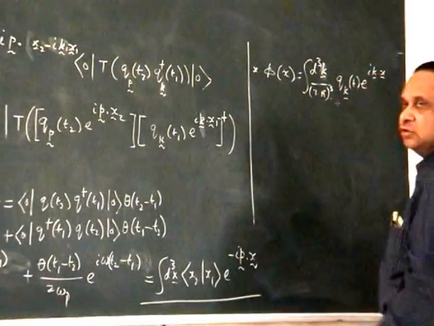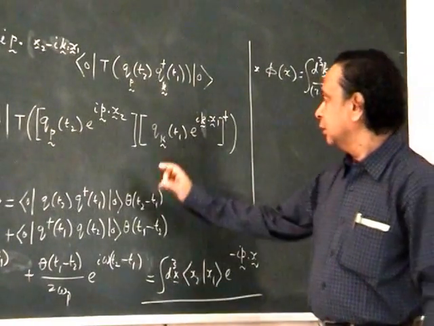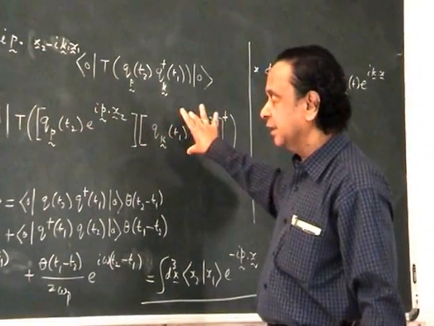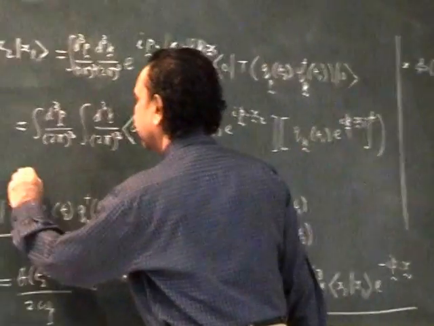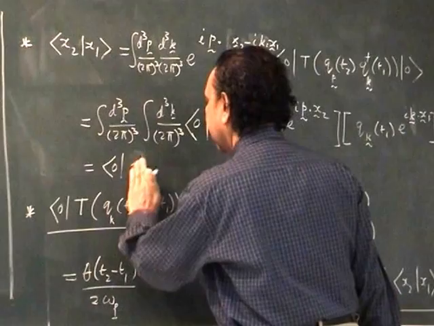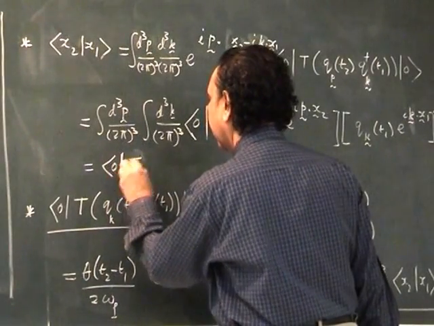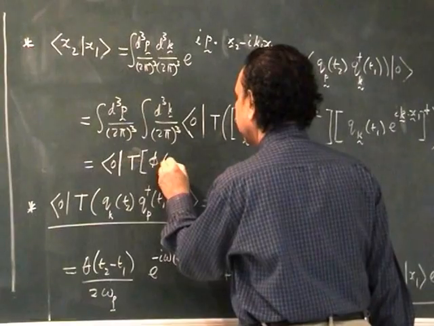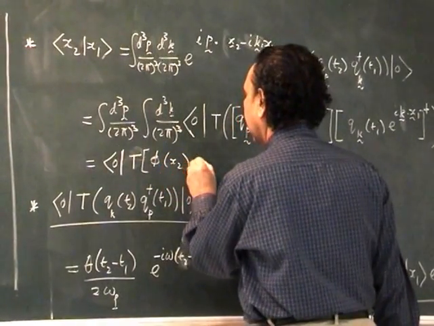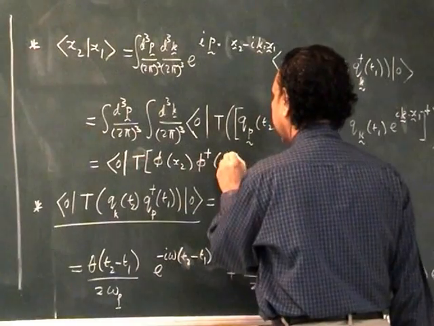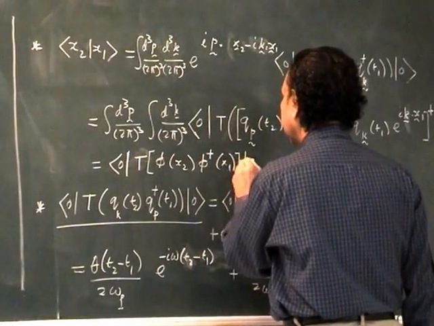This is just the Fourier transform of this qk of t. So that is what is here. Once I have integrated, the same thing is here. Therefore, this expression is the vacuum expectation of the time ordered product of phi at x2 and phi dagger at x1.